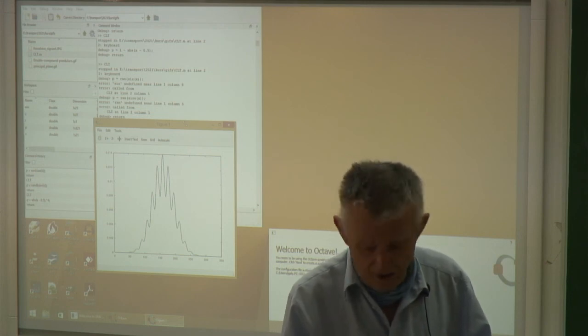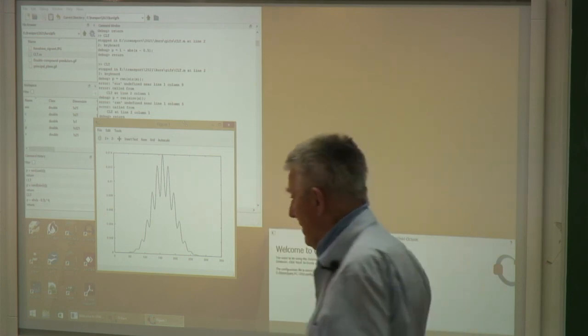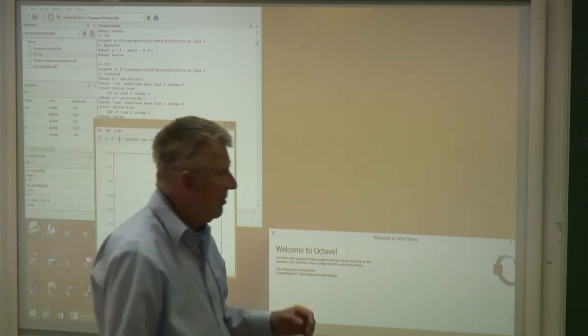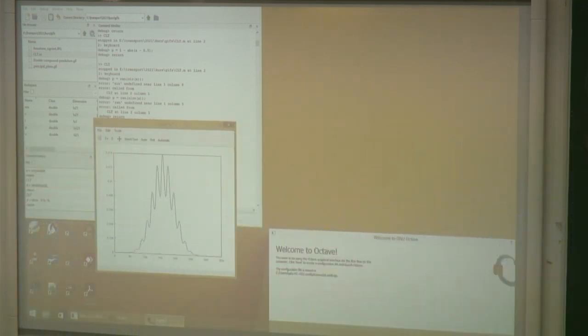To take the book, a very old one, some 70 years old, but a classic. Probability Theory by William Feller.